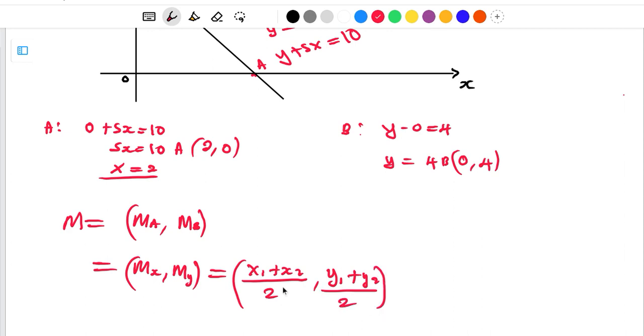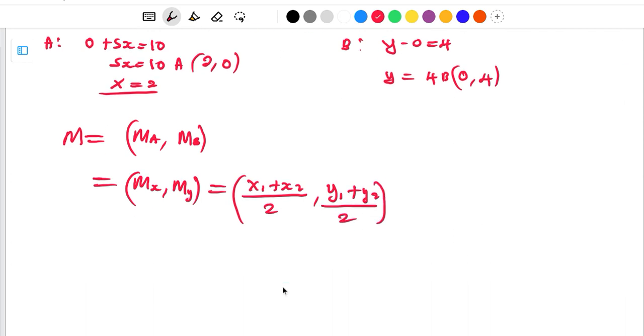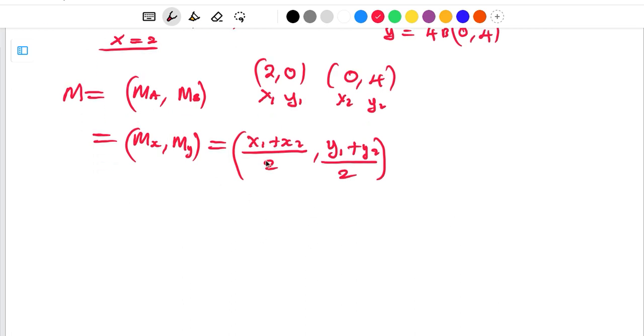So this is the formula. According to the coordinates we have, for the first point we had (2, 0), and for the second we had (0, 4). So this can be x1, y1, x2, y2, and we can just insert here.